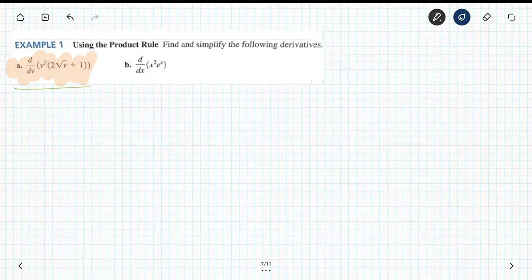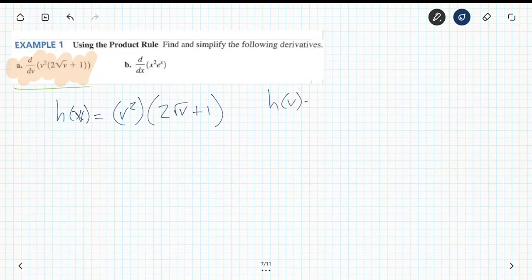Okay, so I'm going to write the function again. Let's say this is h of x equals, so h of v, and it's going to be v squared, okay, that's one. And then the other one is 2 square root of v plus 1. Okay, and we can think of h of v as two functions that are being multiplied. In this case, we're going to say that it's f of v and g of v.